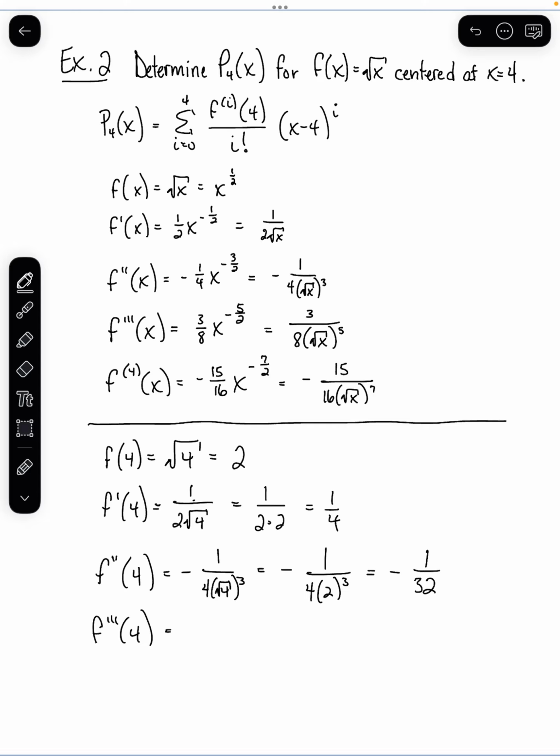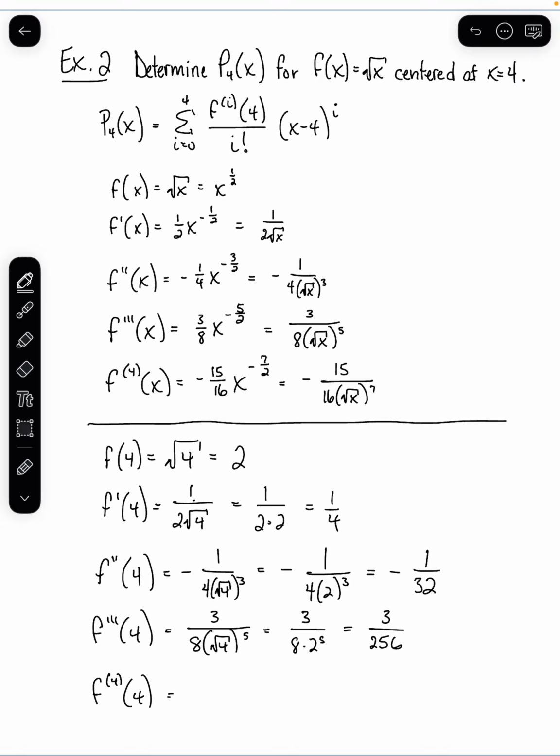We need the third derivative, which is positive 3 over 8 times the square root of 4 to the 5th power. Two to the 5th is 32, times 8 is 256. So we have 3 over 256.